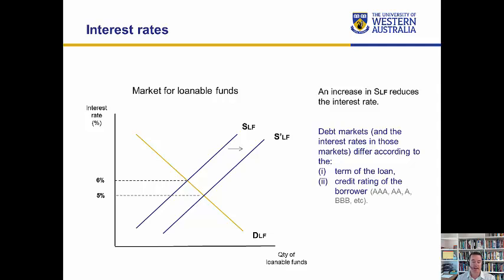The Australian government, for example, is AAA rated, and then you've got some mid-sized companies who might be BBB rated. So depending upon the credit rating of the borrower, we have different debt markets for each different credit rating.